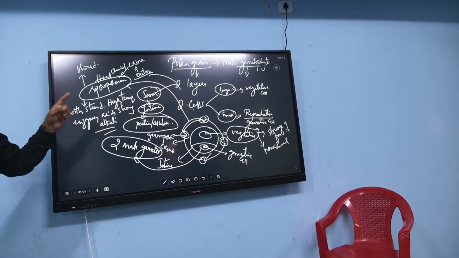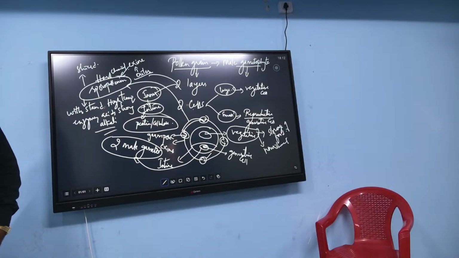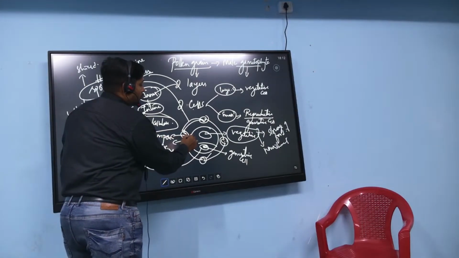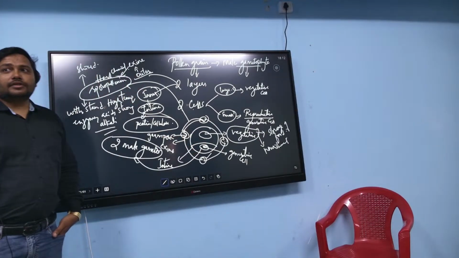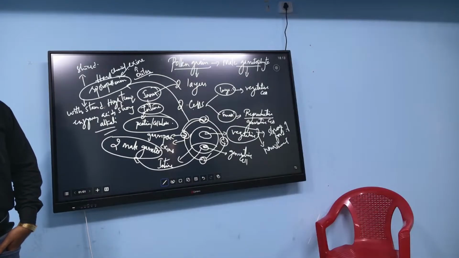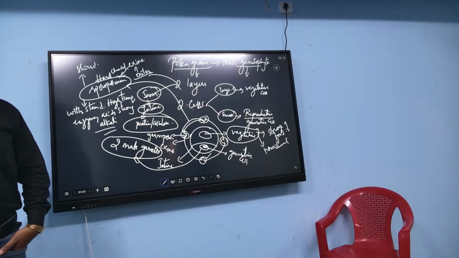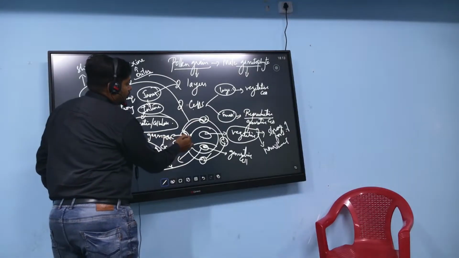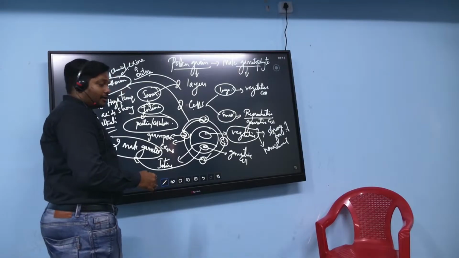When the pollen grain starts germinating and growing, since the innermost layer is made up of cellulose and pectin, which is thin, it will open.